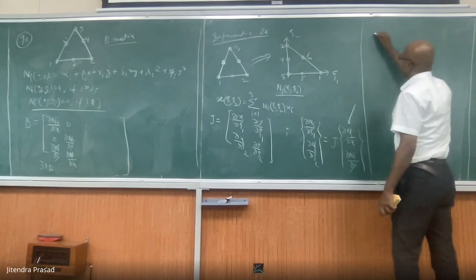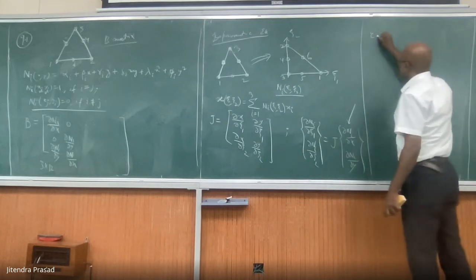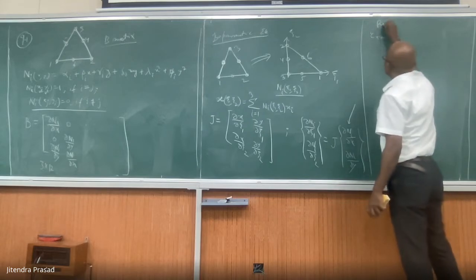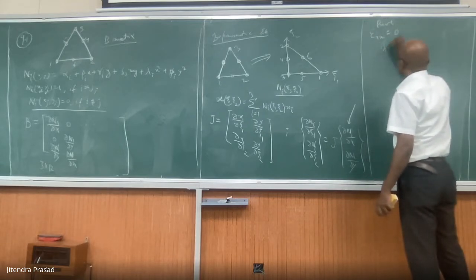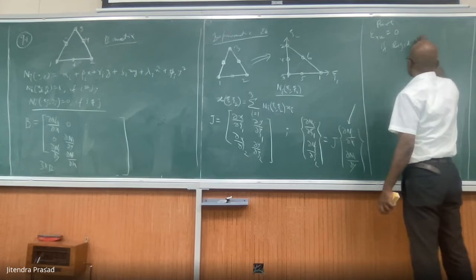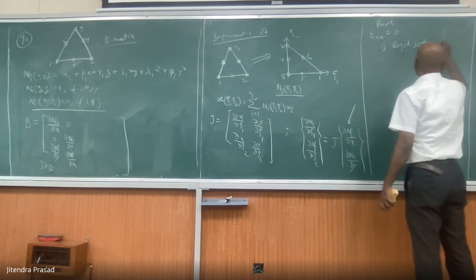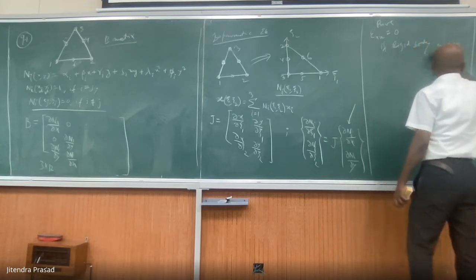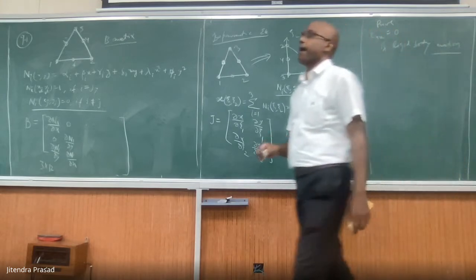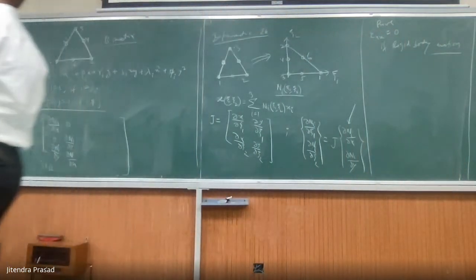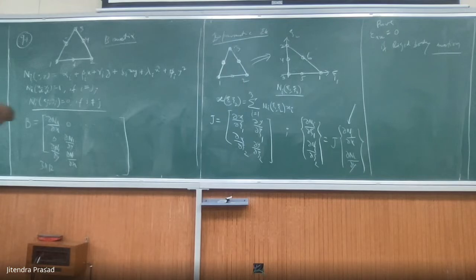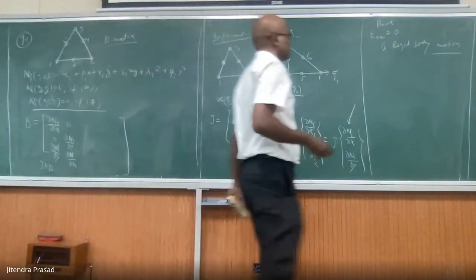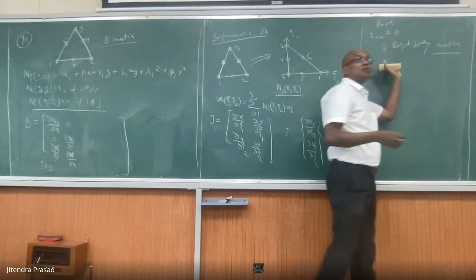For this problem only, if you have epsilon xx equal to 0, prove it if rigid body motion. Rigid body motion means what?